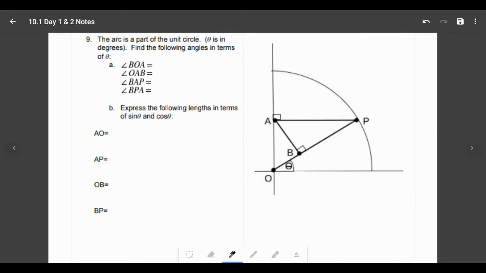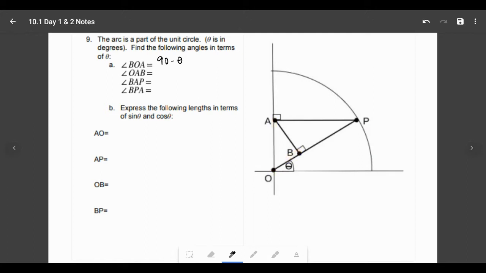So if I'm looking at angle BOA here, I notice that angle BOA and theta both make up my right angle. And remember, since we're in degrees, we can then say that this angle should be 90 minus theta.